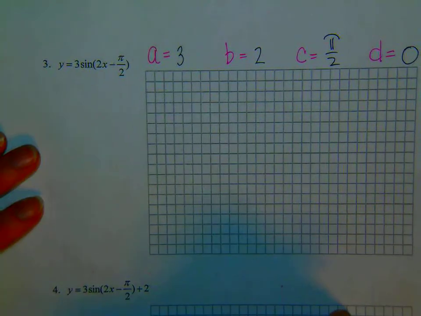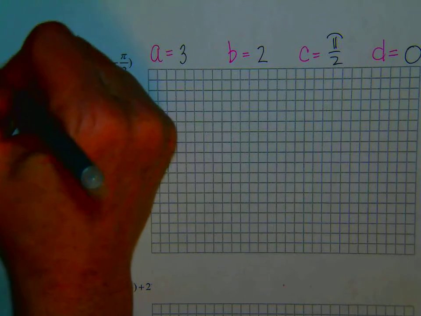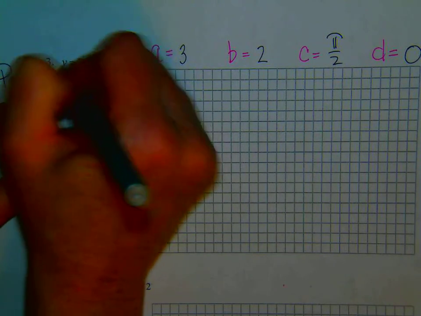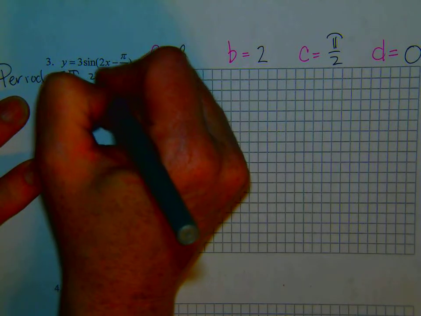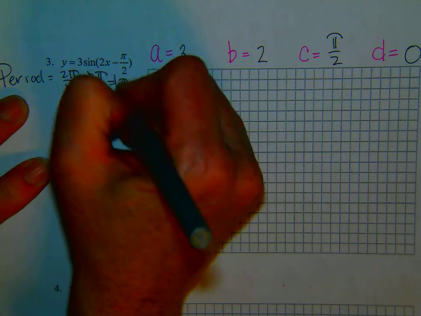That's step number 1. Step number 2 is our period. What is our period? Equals 2 pi over B, B being 2. So that's 2 pi over 2. Our 2's cancel, leaving us with a period of pi.